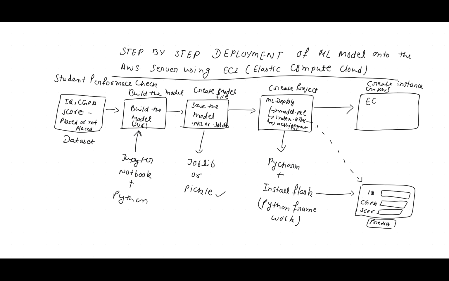I will tell you how we are going to create it. This is the main steps you will follow. But in between, when you want to upload everything onto the server, you want this EC2 to contain your model file and everything. This whole structure will be uploaded onto the server.